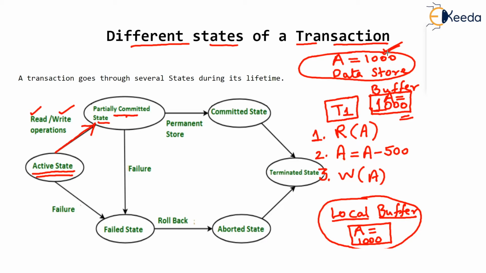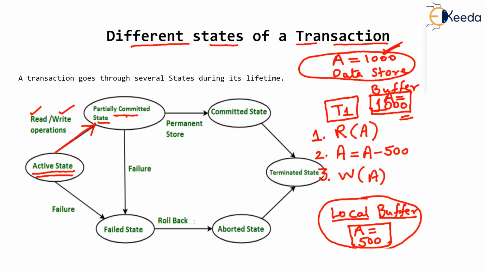Now the next statement, A equal to A minus 500. So A should get reduced by 500, then A will become 500 as it was 1000. But listen, the value of A will be updated at the moment only in the local buffer of T1. So if at all we have to show that A has really reduced, then we should show A has become 500, but in the local buffer of T1.